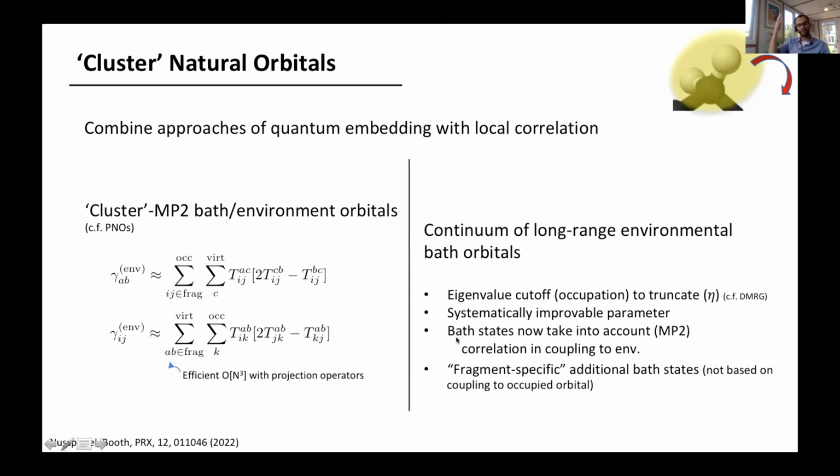So we can then truncate this parameter in a very similar way to what you would do within DMRG. And we end up with a systematically enlargeable active space that is inherently local, built on the idea of supporting the description of an atomic local degree of freedom. So we end up with a fragment-specific active space construction.